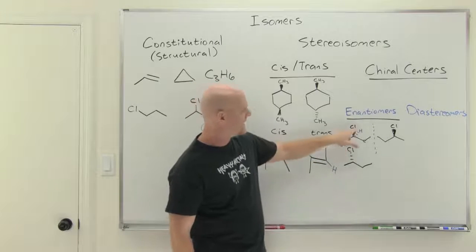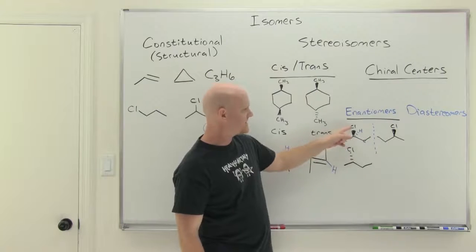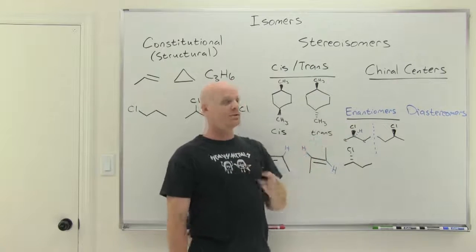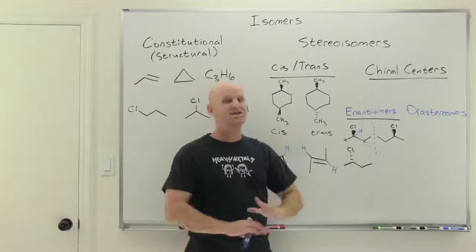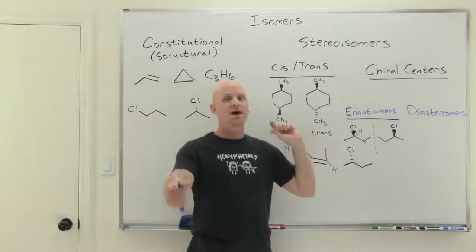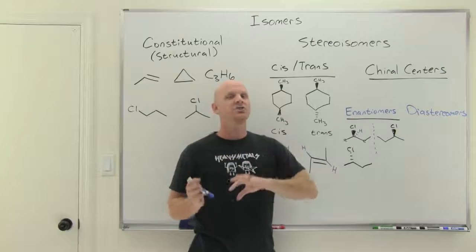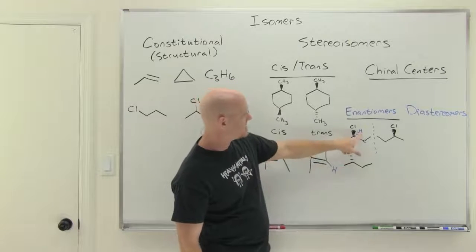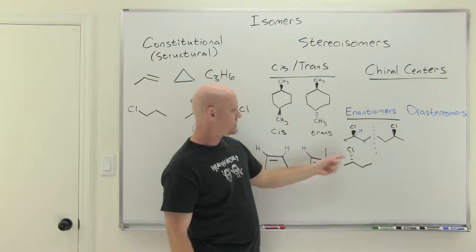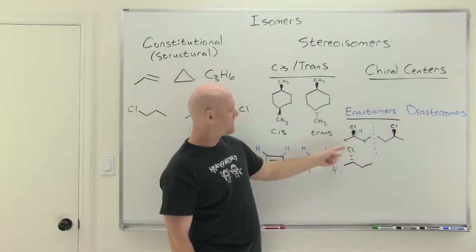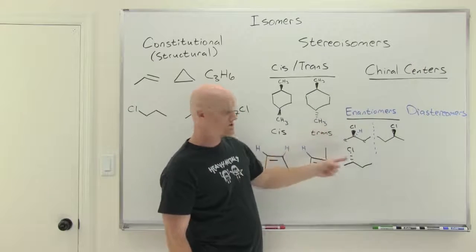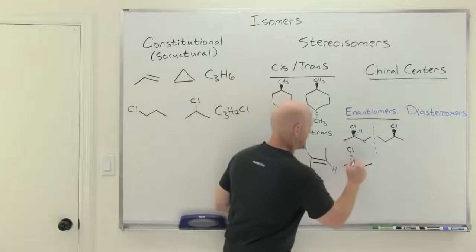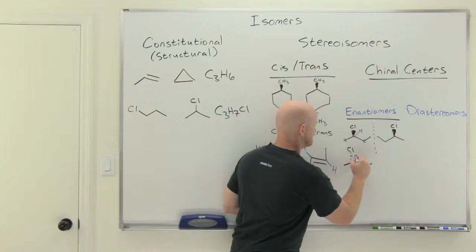So if you take any 2 of the groups attached, doesn't matter which 2, most commonly you'll see it be the wedge and the dash, but it could be any 2 on a chiral center, if you have those 2 groups trade places, you get the mirror image version of that compound. And so in this case, if you have the hydrogen and the chlorine trade places, then it's going to look exactly like this. The chlorine would be the dash. The hydrogen, which is not drawn in, would be the wedge.